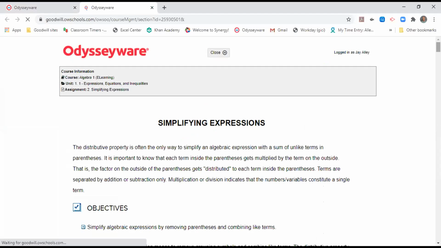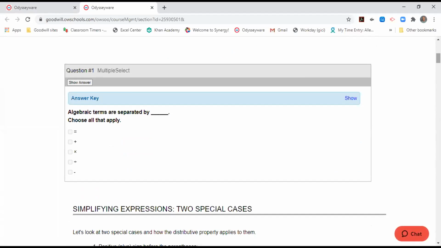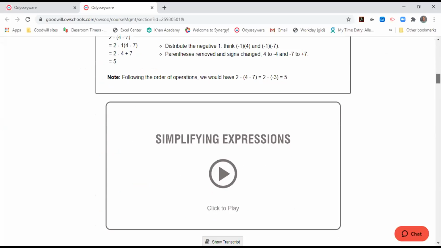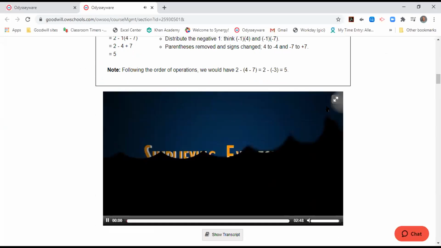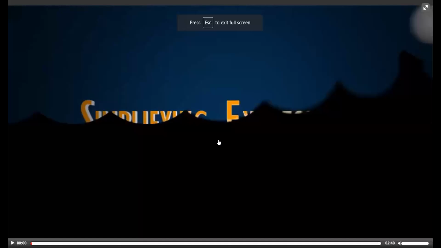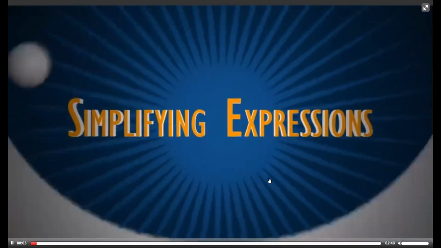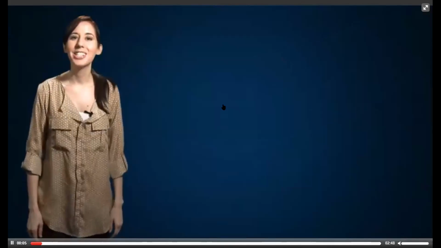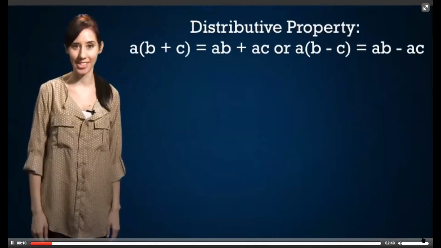So if you know how to deal with PEMDAS, you're going to be able to simplify expressions. Expressions do not have an equal sign. That's why the only thing that we can do is simplify them. The distributive property is often used to simplify expressions that contain parentheses.